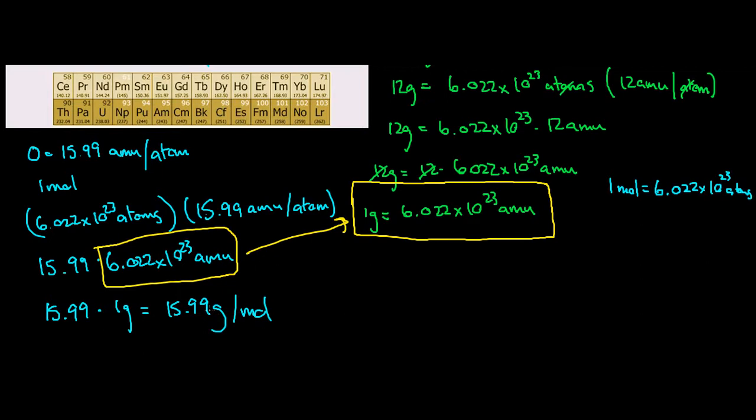So now I have a new unit of measurement. These numbers from now on throughout chemistry are going to be called the molar mass. And the molar mass is grams per mole.